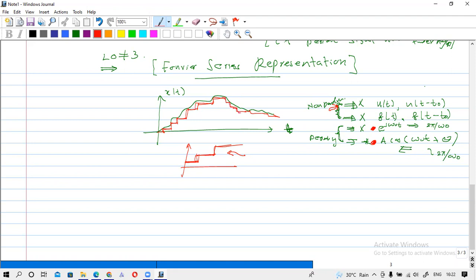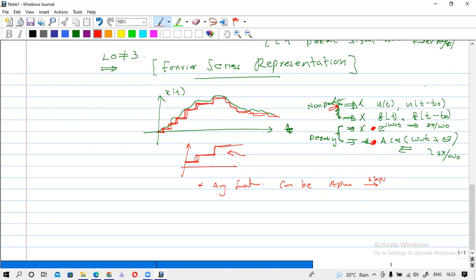So what is the idea there? Any function can be approximated to a step function. Step function means there are steps like this.